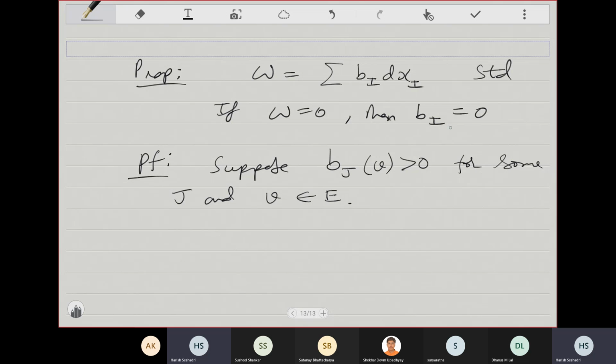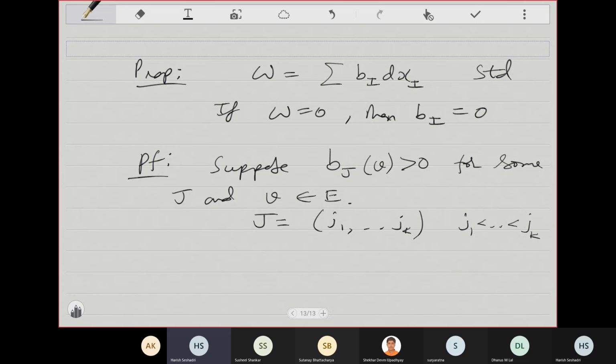So suppose one of them is not 0, so that means it will not be 0 at some point. I'll assume that it's positive. If it's negative also, the proof will work with slight changes. So let that particular index be J1 through Jk, where as usual I've already assumed that it's in the standard form.